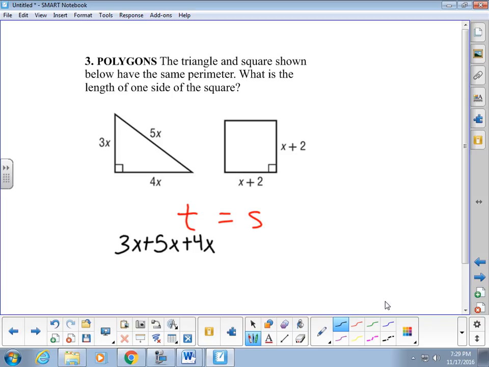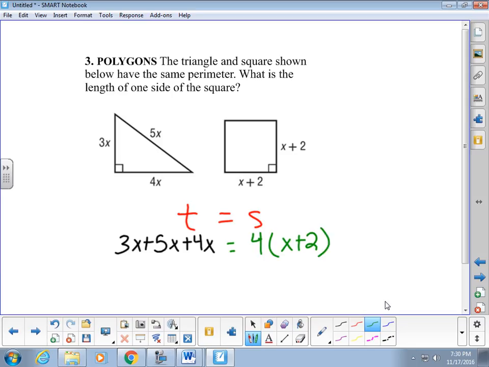Okay? And the square's perimeter is going to be x plus 2 times 4. Sorry. 4 times x plus 2.